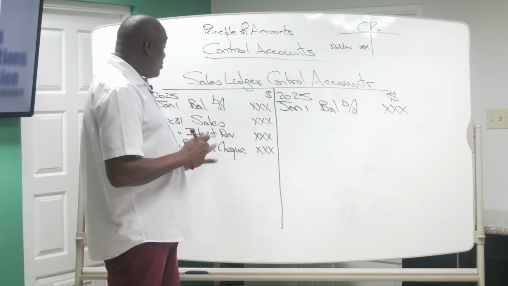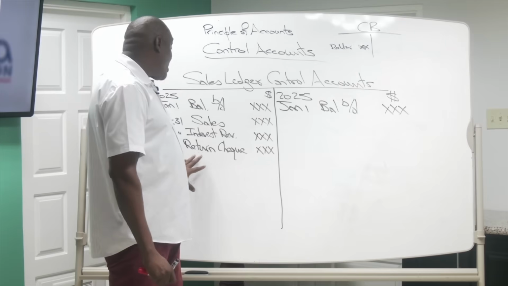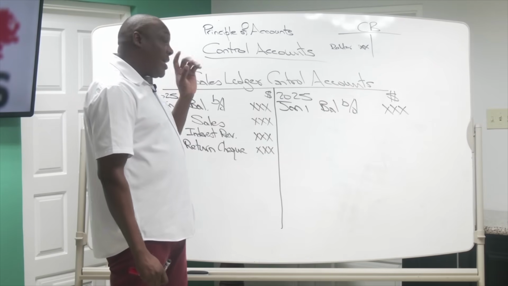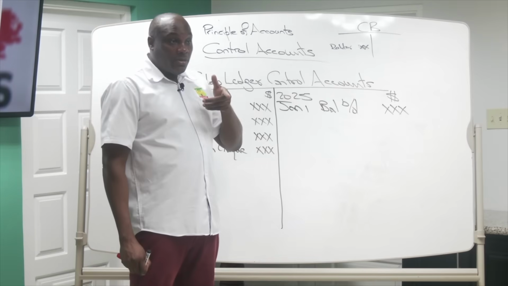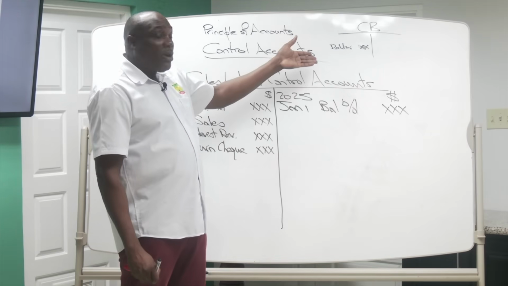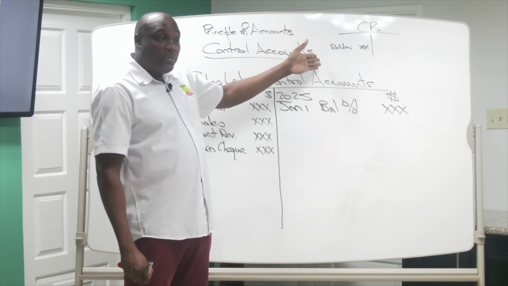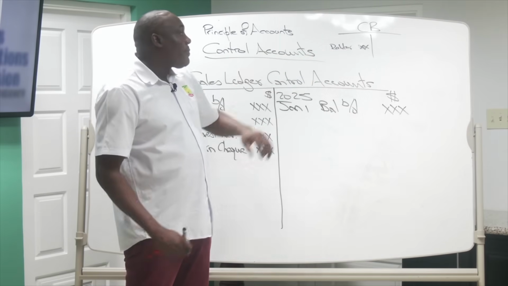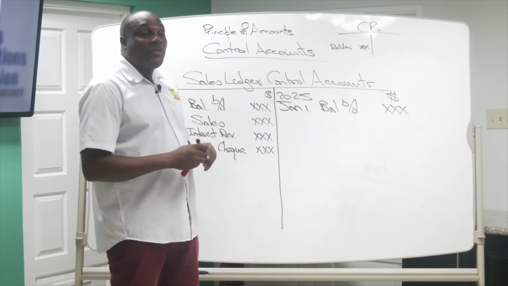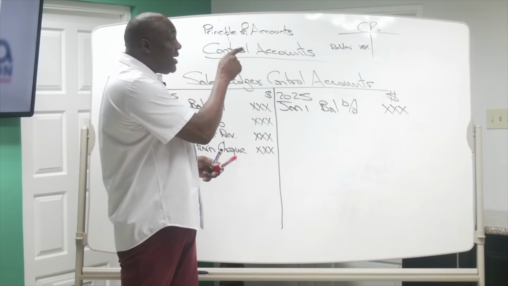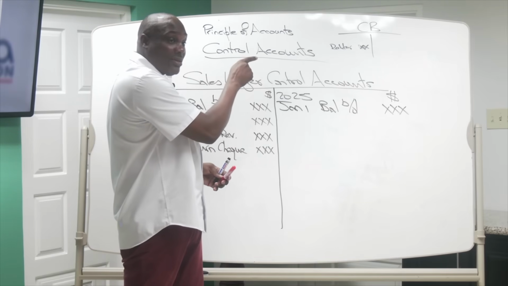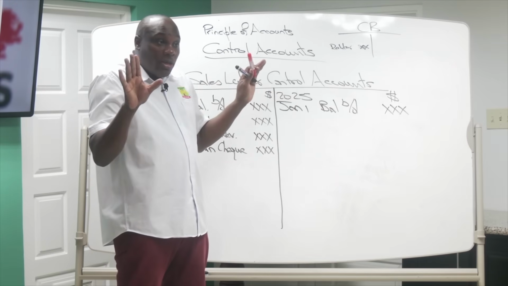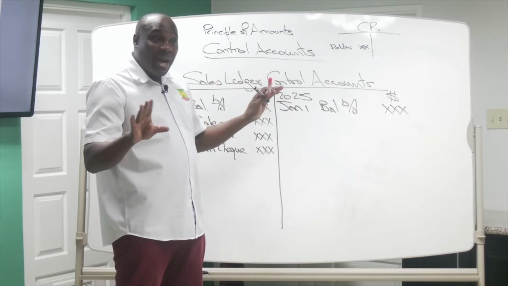I'm trying to make you understand and appreciate the concept of the return check being on the debit side. If a customer pays us by check, we record that check in the cash book on the debit side, money coming in. However, if the check is returned, that payment we received has to be reversed to say that it was null, it was void, it never happened.